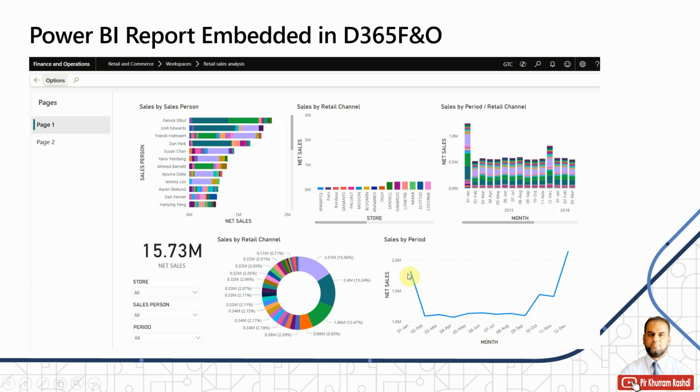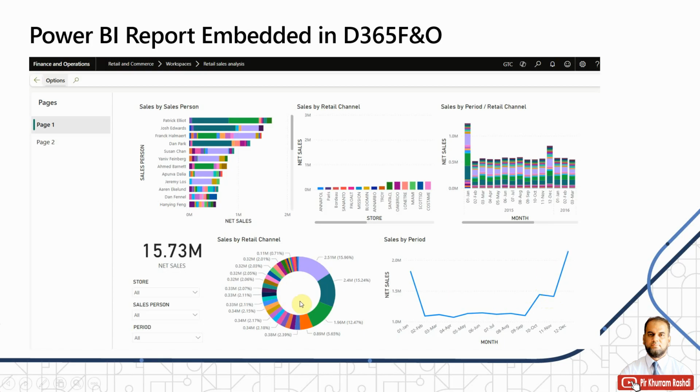So the line is at the top at the beginning, in January to Feb, almost I think 1.8 million, and then there is a big fall in the Feb to March period, and then it goes on almost the same pattern, and from September to October it goes again to almost 1.4 million, and then a slide down in November, and then in December it goes up again, even higher than January.